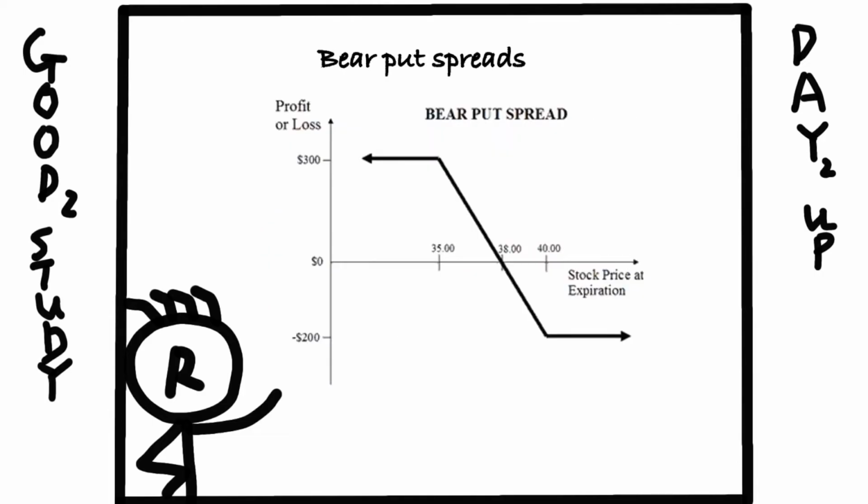Here's the payoff diagram for bear put spreads. Again, the payoff and maturity for bear put spreads and bear call spreads are the same. So we're just going to look at bear put spreads for illustration. As you can see, the payoff diagram for bear put spreads is identical to bull call spreads, but flipped.